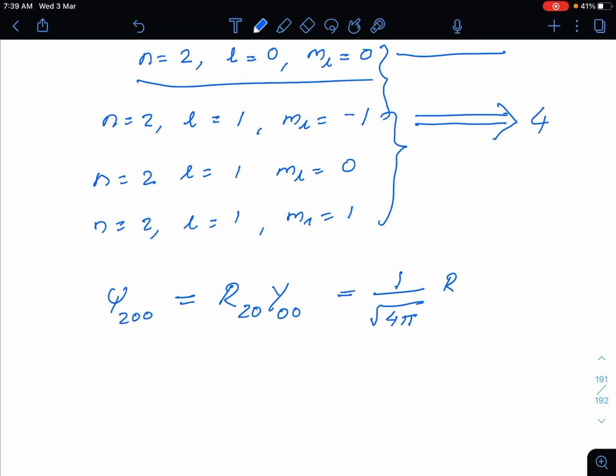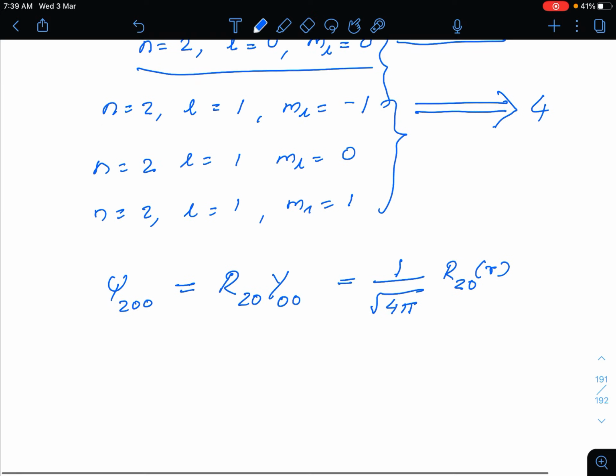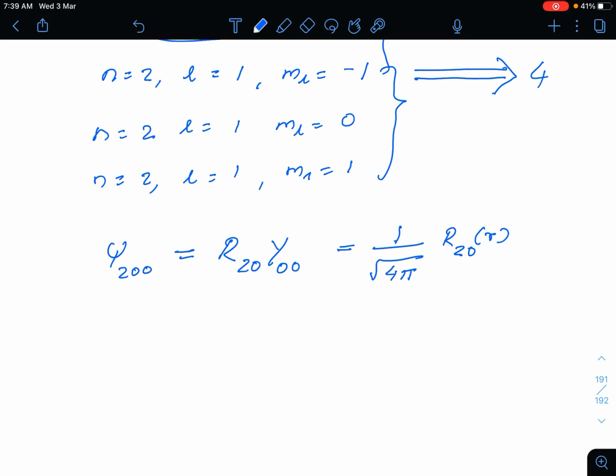Let me check what the wave function is. Anyway, we'll leave it aside. I'm not bothered about the r function for the time being.